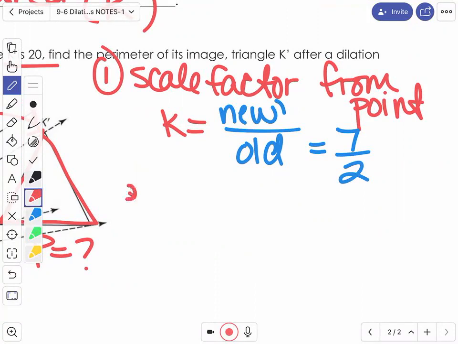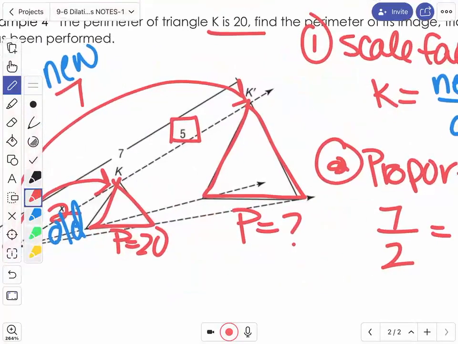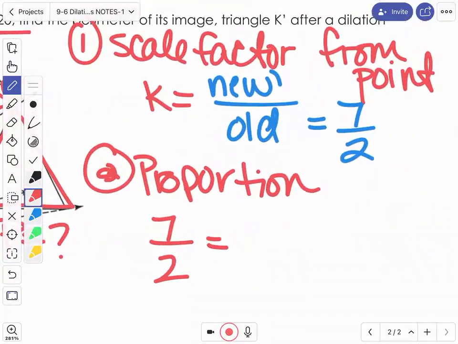Now, since we're dealing with similar figures, we can write our proportion. So use your scale factor, 7 over 2. And now the perimeters. The perimeter they gave us was the old, so we need the new perimeter. So again, new on top, old on bottom.